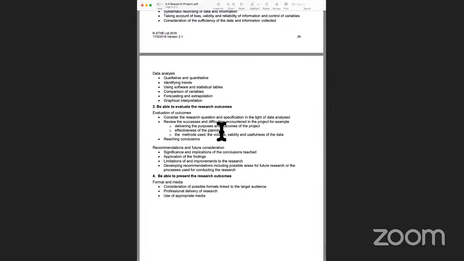That triangulation of your aims and objectives, your review of the literature, and your findings from the activities you carried out tends to give you the outcomes, which is the evaluation of your outcomes.